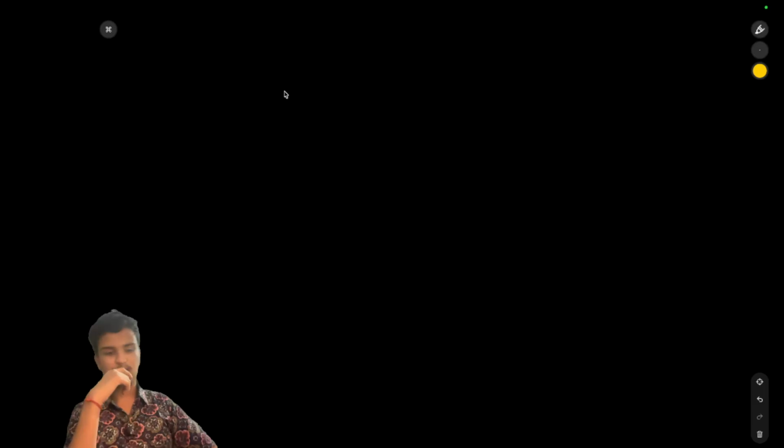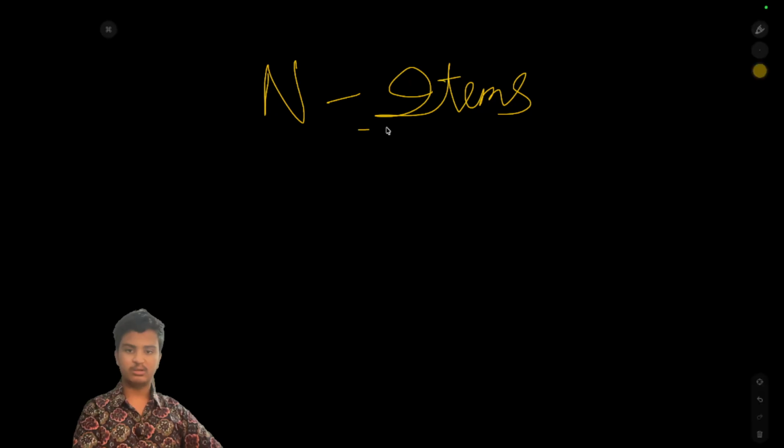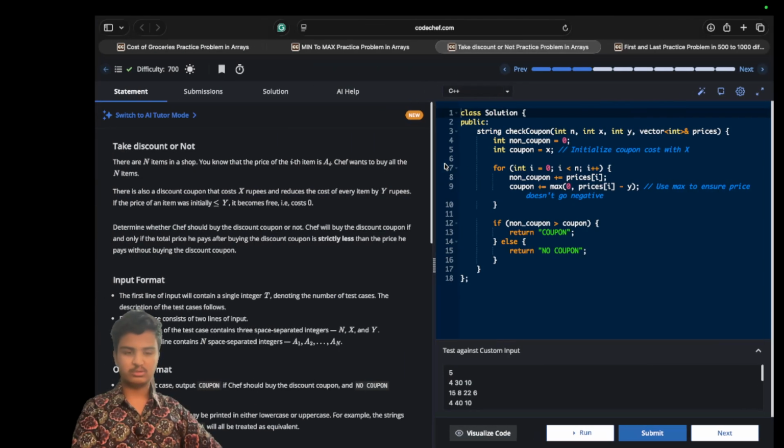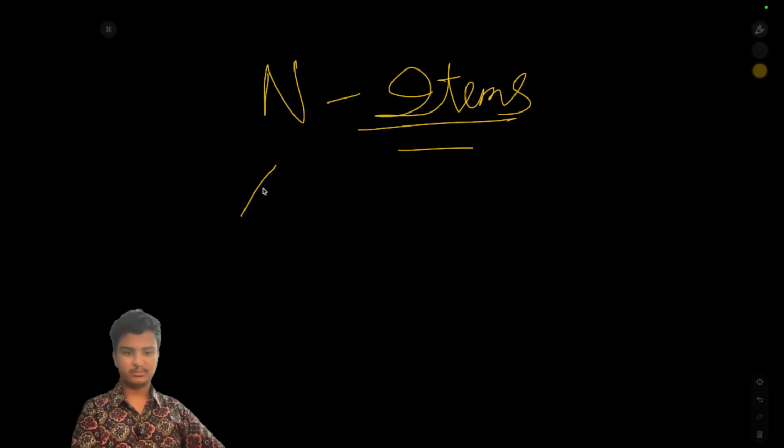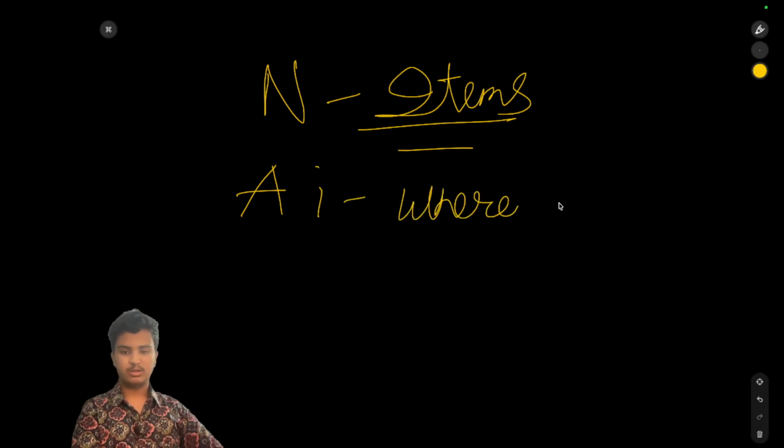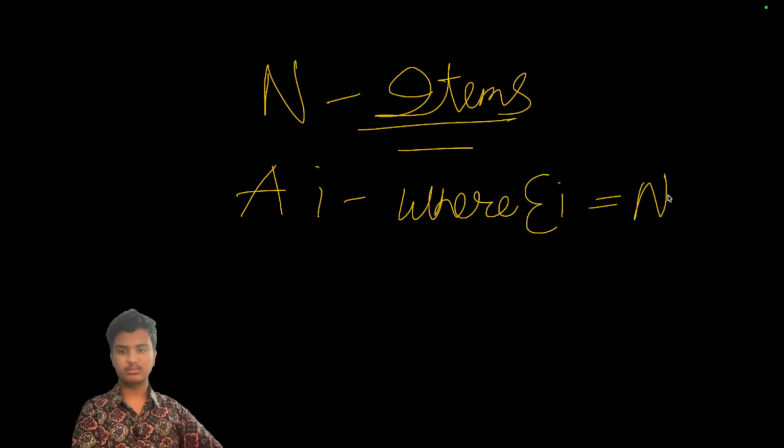So we have n items. The price of each item is a_i, where i summation is equal to n, of course.